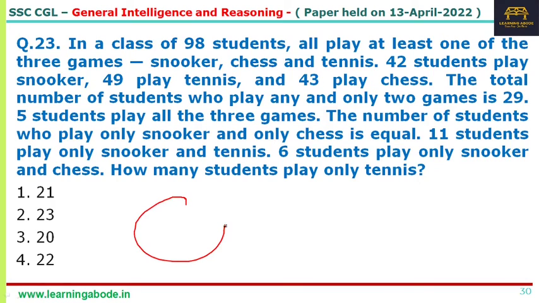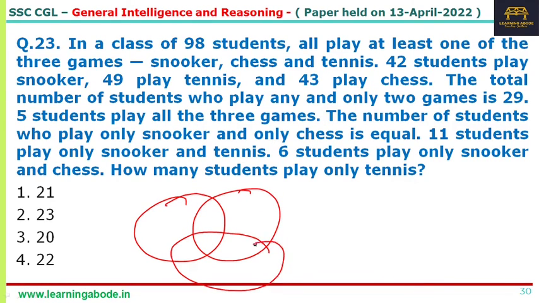So let's go for 3 circles. Take a box, the total is 98, and I have snooker, chess, and tennis. The number of students who play snooker is 42, tennis is 49, and chess is 43.